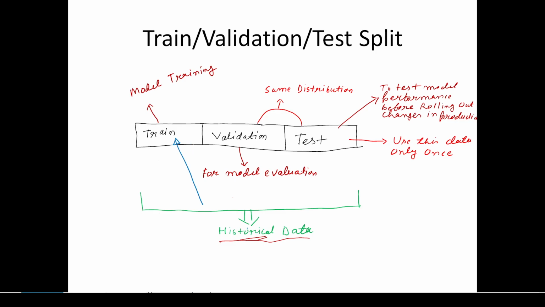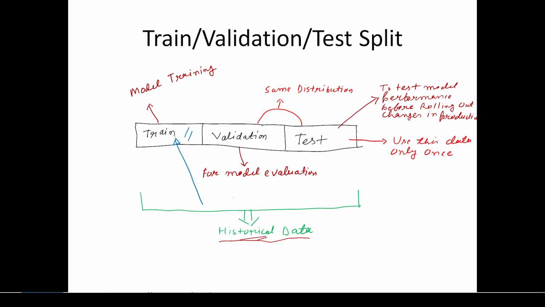So that's the reason we need to think carefully about how we can split our historical data in different parts. So here in this diagram, I have divided the data in train, validation, and test split. And the purpose for keeping the historical data in three different splits is a bit different. And we'll see what those differences are, so that we can have some understanding about why we need to split the historical data into multiple parts, right?